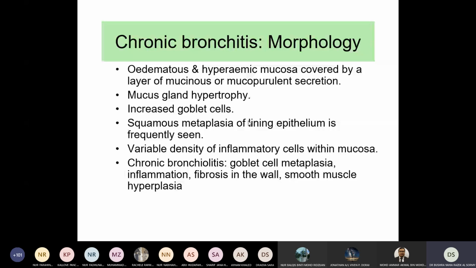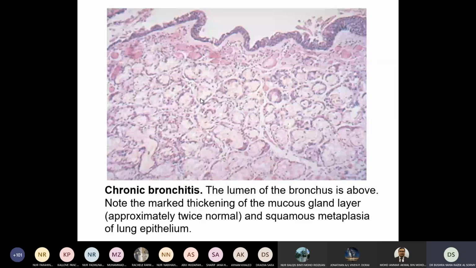There is variable density of inflammatory cells, lymphocytes and macrophages. In chronic bronchiolitis, there is goblet cell metaplasia, inflammation, fibrosis in the wall, and smooth muscle hyperplasia. Here you can see the mucus gland hyperplasia, and the lining shows squamous metaplasia, no more columnar epithelium.